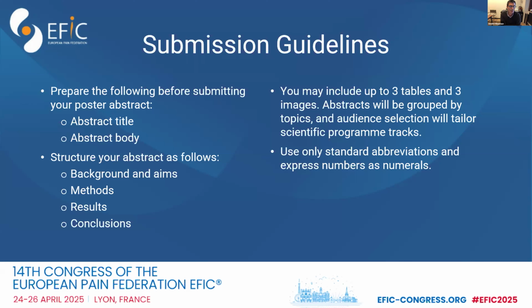So you will need an abstract title, the abstract body, as I mentioned, of which I described the content, and it must be structured using the following structure: background and aims, methods, results, and conclusion. And you can also include tables and figures, so up to 3 tables and 3 images or figures that will also be available then in the abstract book, or the online version of the abstract book.